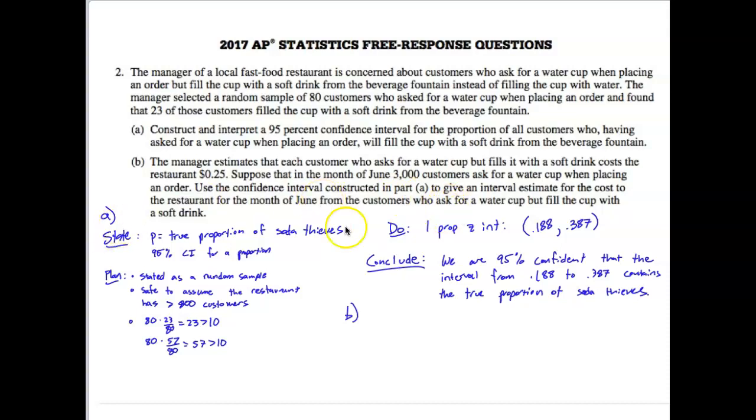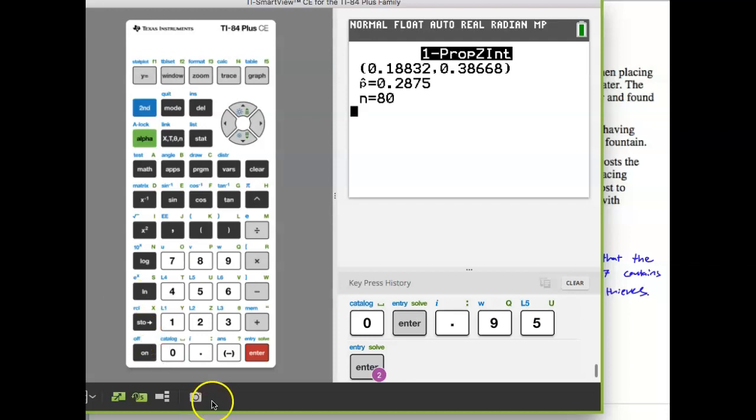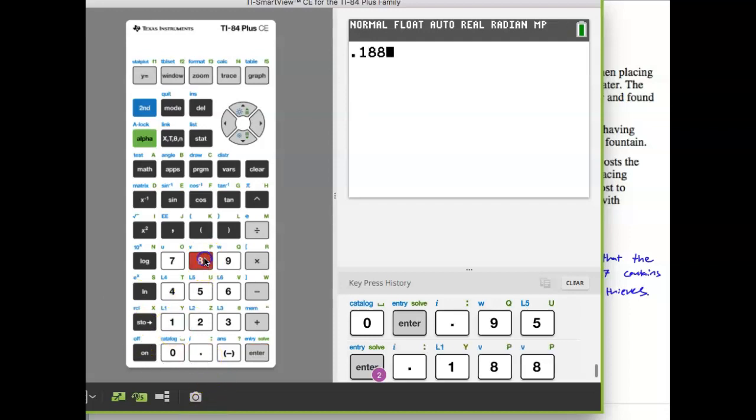All right. So we said basically between 18 and 38% of customers are stealing soda, right? So we can convert that into actual numbers. If there are 3,000 customers, I can go, okay, well, what's 18.8% of 3,000? So that would be 0.188 times 3,000.